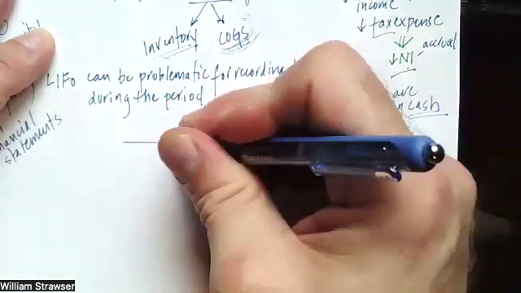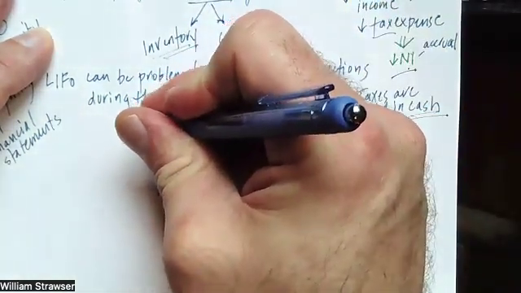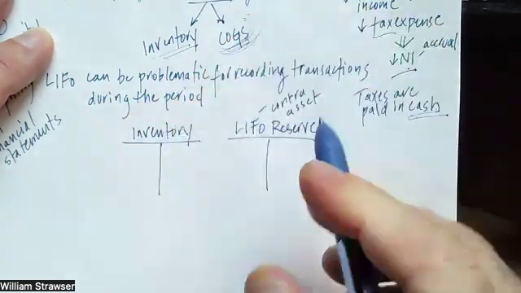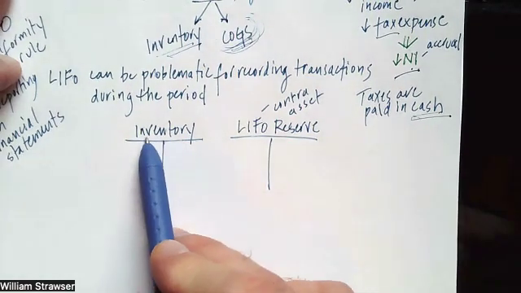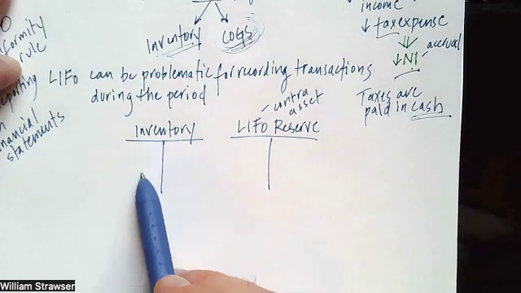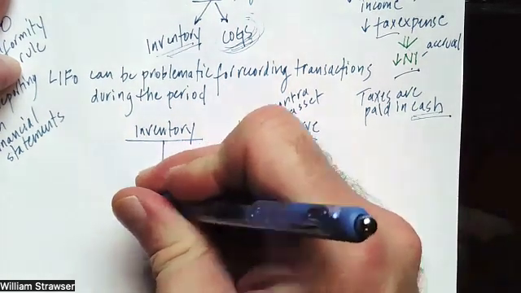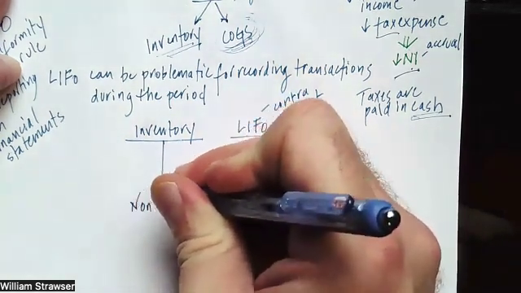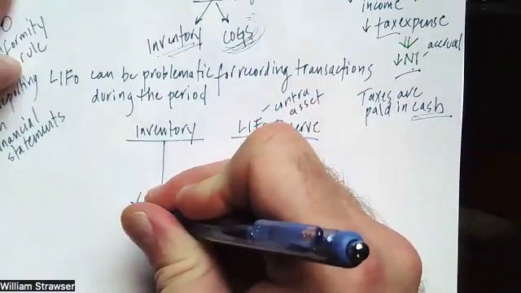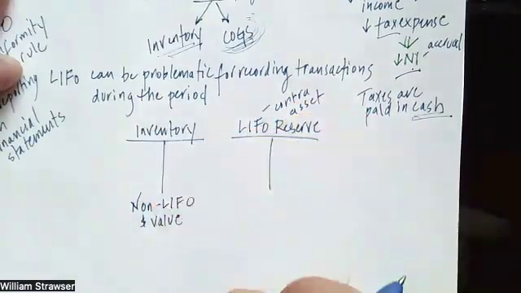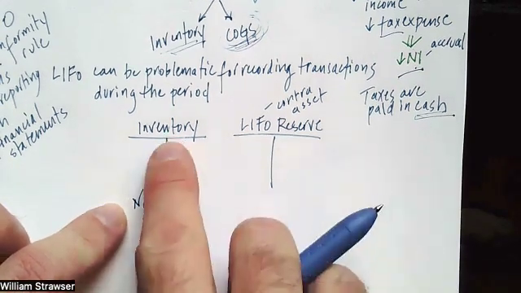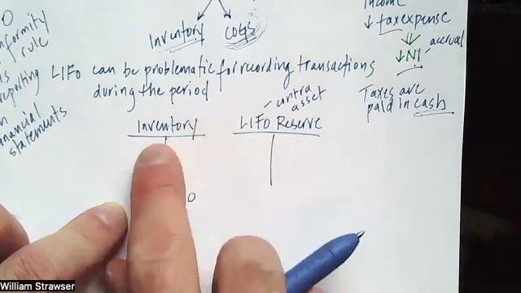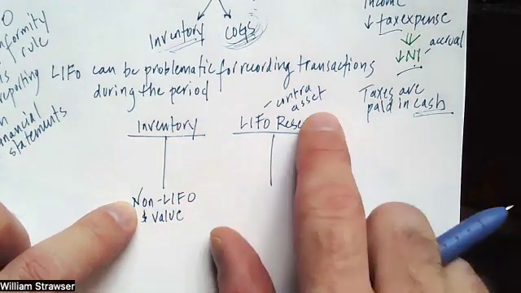We want it separate from the inventory account, very much because if we are recording our during the period transactions with no LIFO, then this inventory account will be totally in non-LIFO dollar value. So we'll actually measure all our sales, allocate the inventory cost, say with FIFO or average cost, and maintain that record here purely in the non-LIFO dollar value.